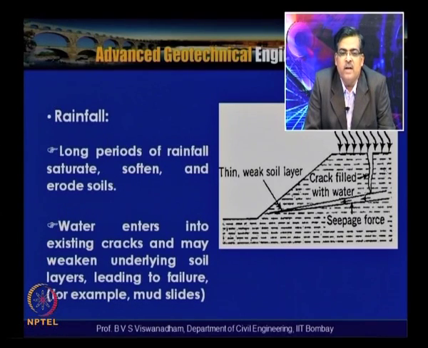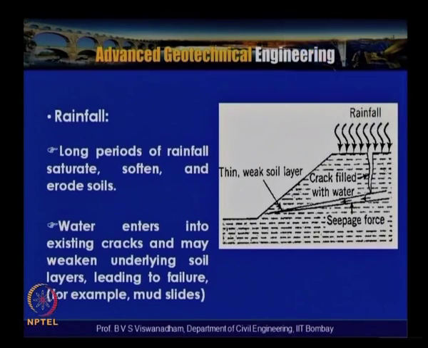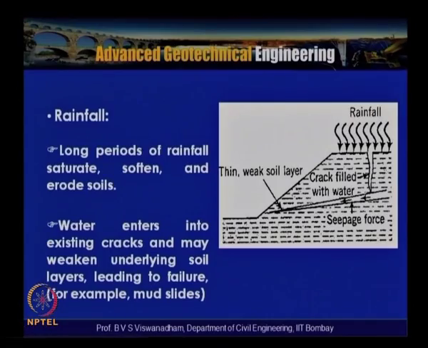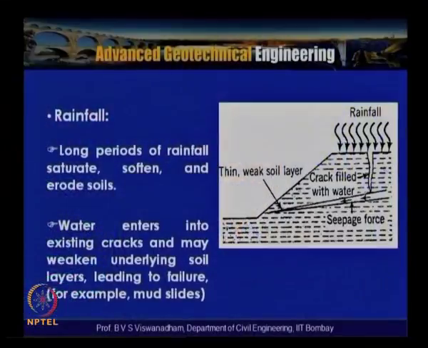So, water enters the existing cracks and may weaken the underlying soil and layers, leading to failures. Basically, it causes mudslides. Rainfalls trigger failures, particularly because of the ingress of rainwater into the slopes, which tend to saturate and soften and then erode the soils. A typical slope failure due to rainfall is shown here.